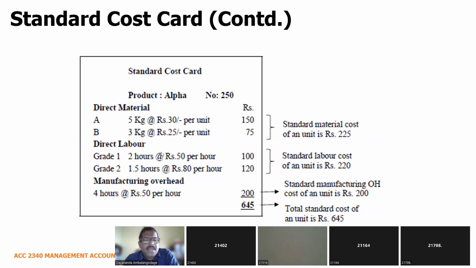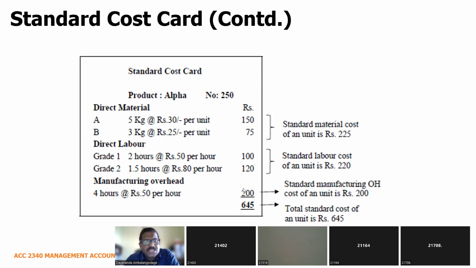Then 150 direct labor, there are two labor grades, grade 1 and grade 2 of course. 2 hours 50 per hour, 1.5 hours rupees 80 per hour. So manufacturing overheads 40 hours and 50 per hour.